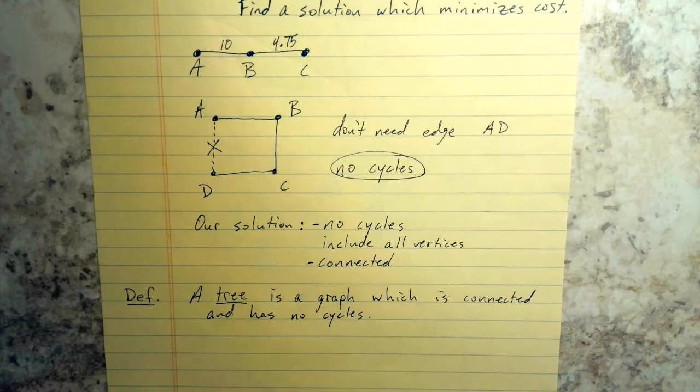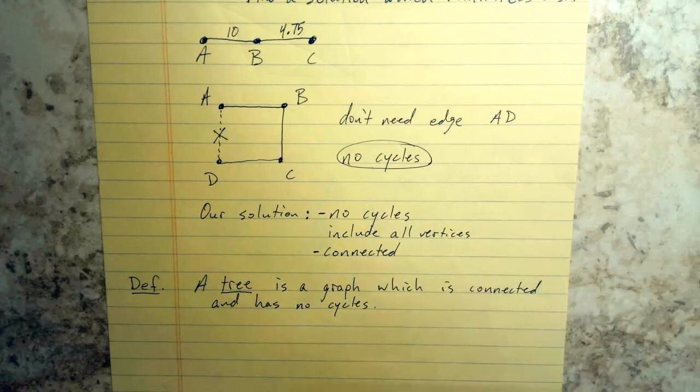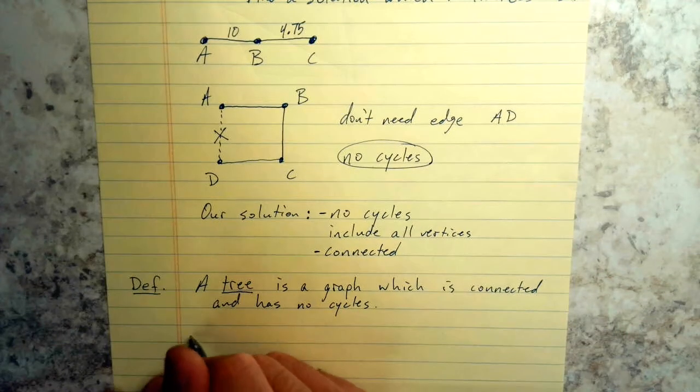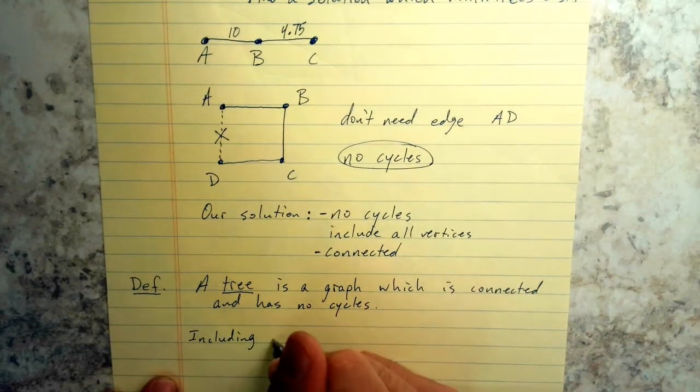So that's our definition of a tree. A tree is an important type of graph in graph theory. And then this property, including all vertices, because we're picking a tree from a bigger graph, and we want to make sure to include all vertices, that's a property that gets a name too.